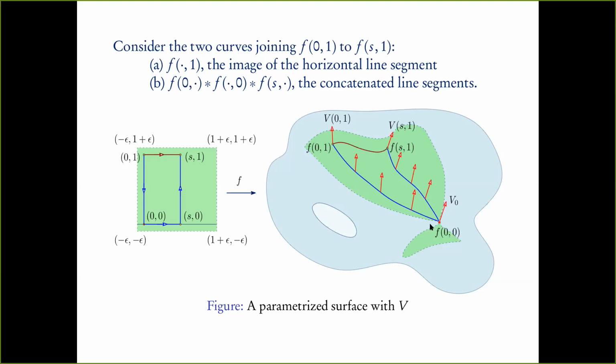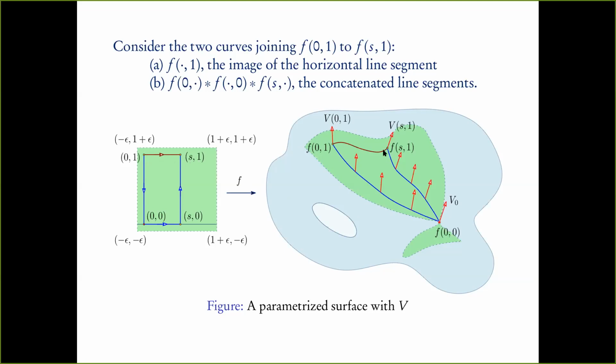And that is true for any s in the middle. I could have gone down here, chosen an s prime, and taken the blue curve at (s prime, 0); I would have come back at V(s prime, 1). So this V, as defined along this dark red curve, is parallel to the vector field del by del s, whose image under dF is this vector field del s.